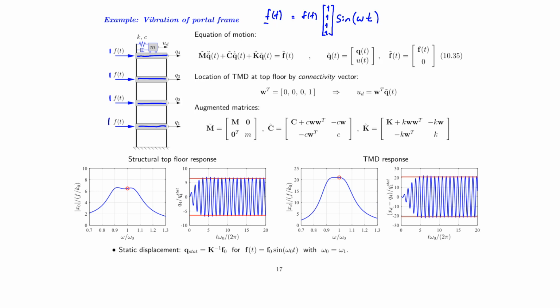We apply some kind of intensity, and this intensity we can represent by an intensity value f0. So that means our F function is equal to an intensity f0 times sine omega t. And we simply apply this load on each of our 4 floors, representing the 4 unit values in this vector.